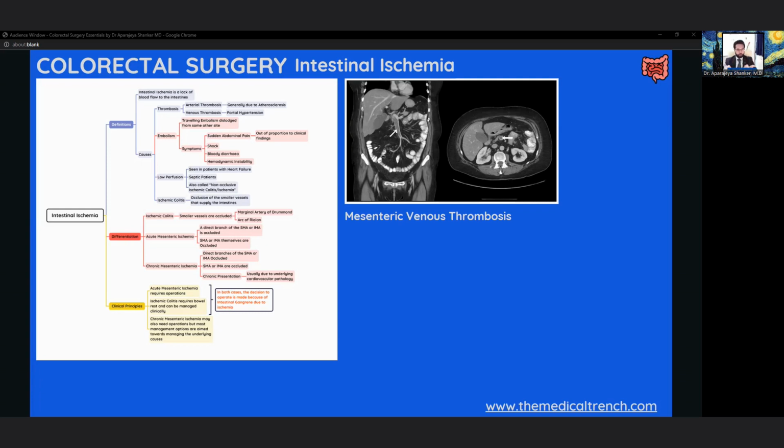Now, how? You see, the issue here is that if there is a thrombosis, right, blood is not flowing, right? That means the portal venous circulation is getting blocked as well, and you have an increase in portal hypertension. So if you have a patient who has some kind of thrombotic disease, right, von Willebrand factor, any one of these thrombo-occlusive diseases.